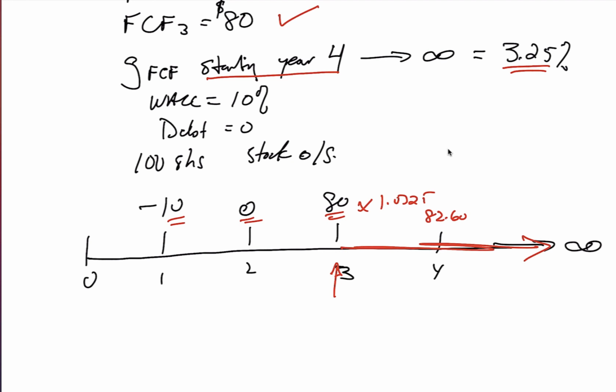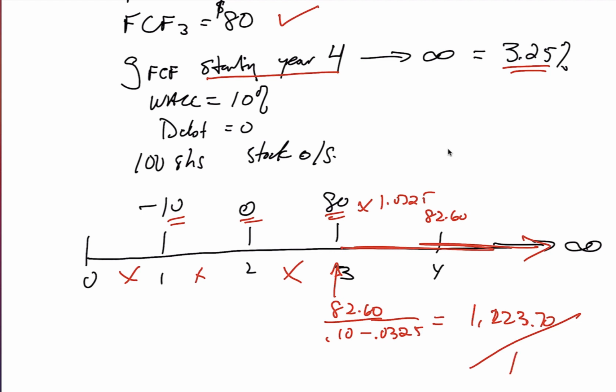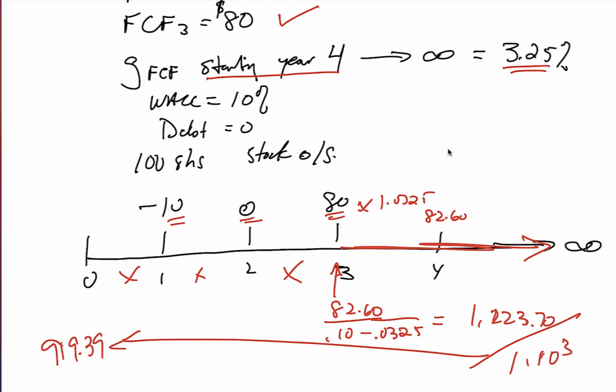So we take the 82.60 divided by the 10% weighted average cost of capital minus the 3.25% growth rate, and we get 1,223.70. Now we need to discount that back 1, 2, 3 periods. So 1.10 to the third power gives me 919.39.